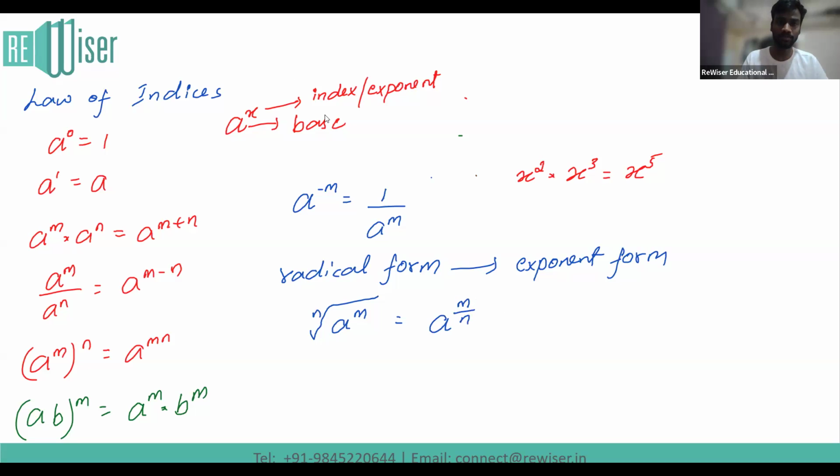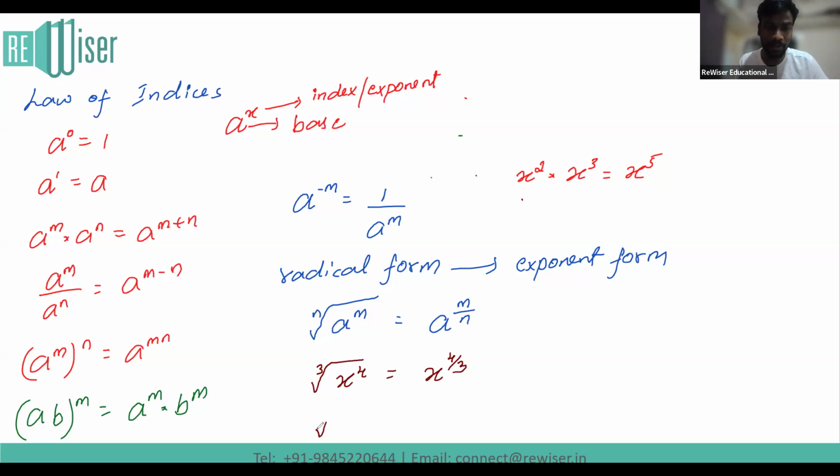Just a couple of examples. If I have the cube root of x power 4, this can be written as x to the power of 4 over 3.